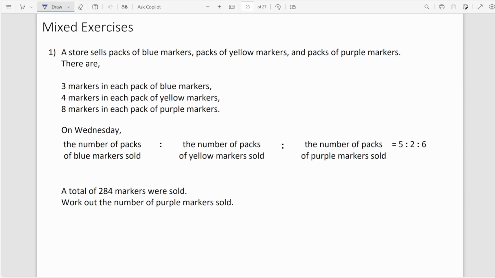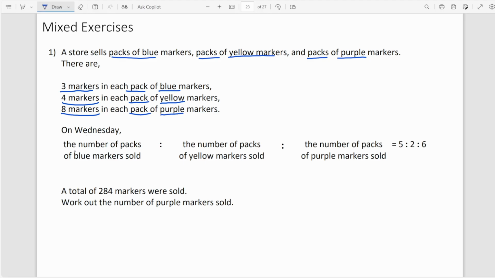Okay, let's start with question 1. A store sells packs of blue markers, packs of yellow markers, and packs of purple markers. There are 3 markers in each pack of blue markers, 4 markers in each pack of yellow markers, and 8 markers in each pack of purple markers.